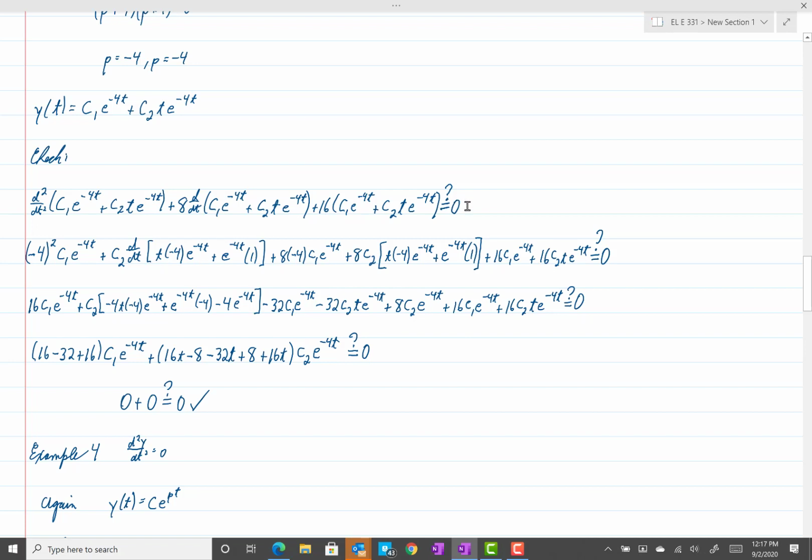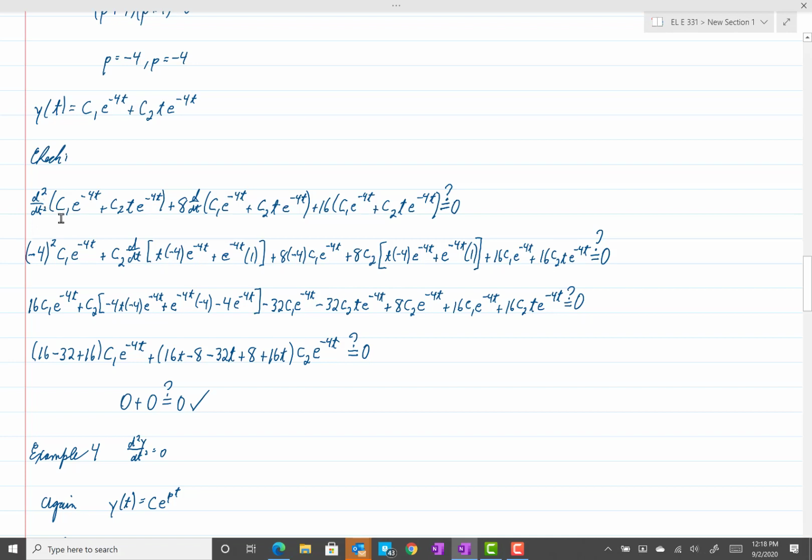This is taking the place of y. And now, for this one, the checking procedure gets a little bit ugly because when you take the derivatives of terms like c2t e to the minus 4t, you have to use the product rule. So I'll go through this one a little bit more carefully. So let's see how this will go.